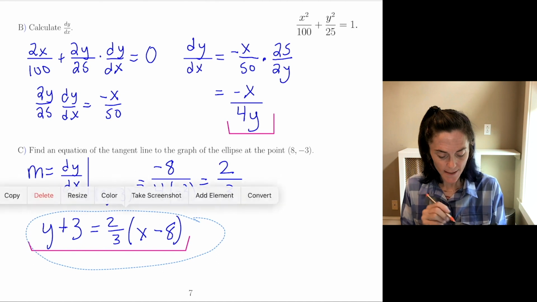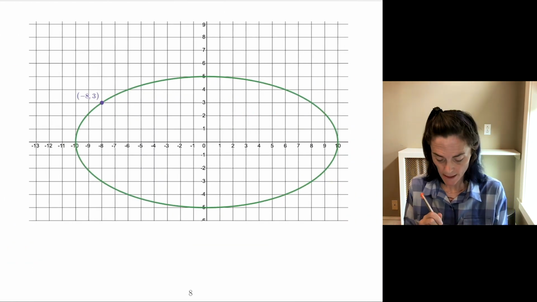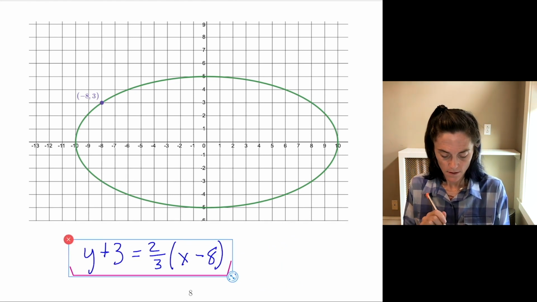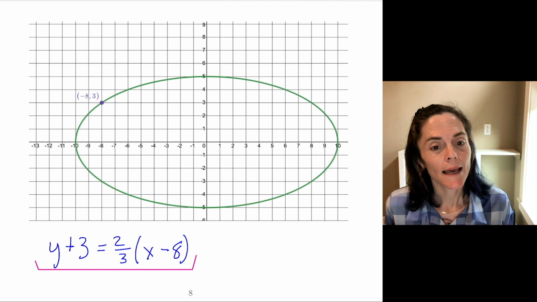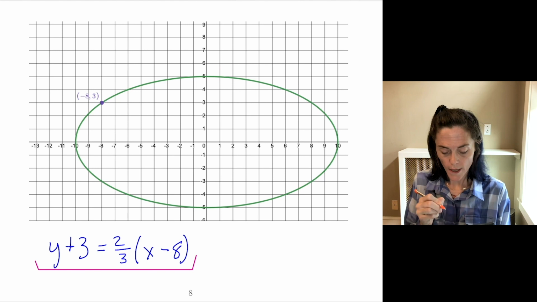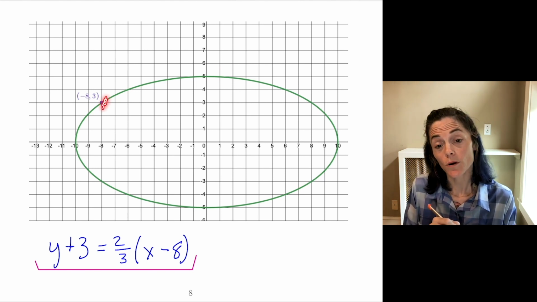Let's copy this. And we are going to go to our beautiful picture of this ellipse. So I can sketch this line. Okay, so it goes through this point right here, but then the slope is 2/3.